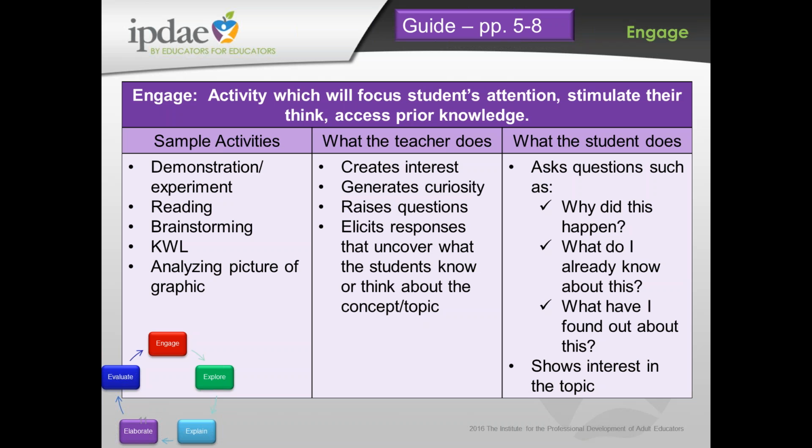So as the teacher in the engage segment, I do want to create interest and generate curiosity. I want my students to raise some questions, and I want to be able to uncover some things they know. And it may be something as simple as, if I'm doing a demonstration or experiment, asking my students, why do you think this happened?